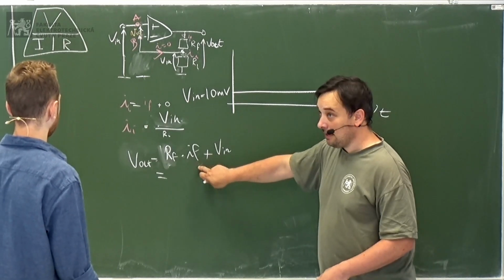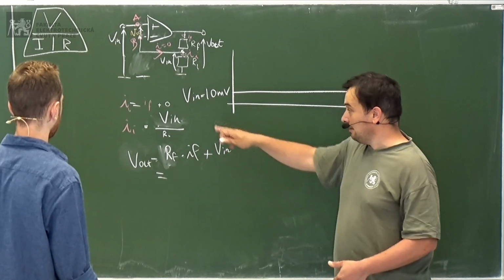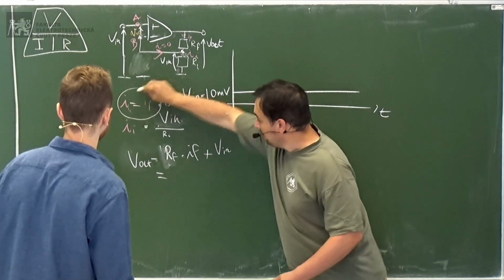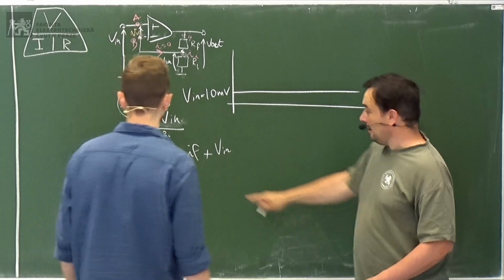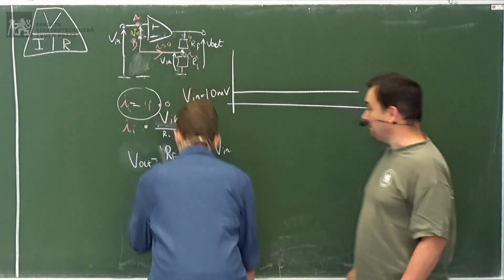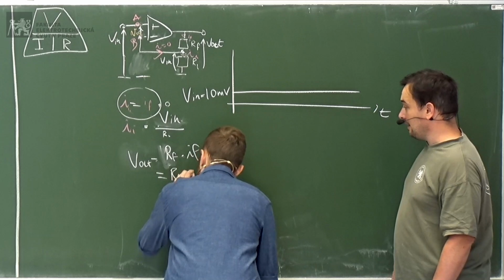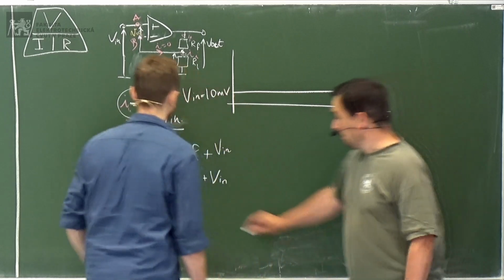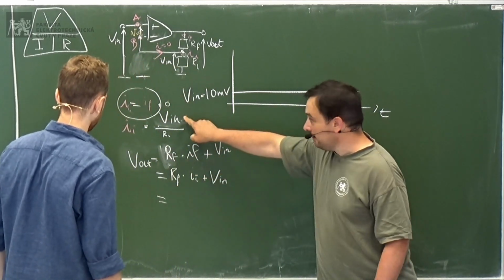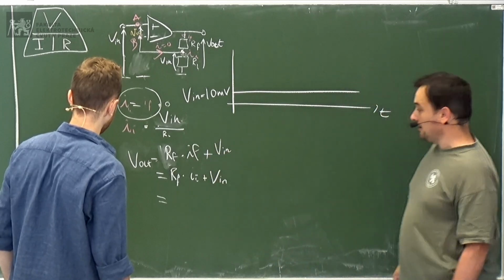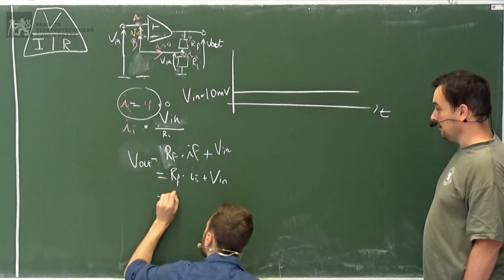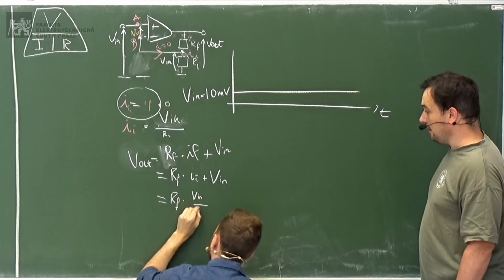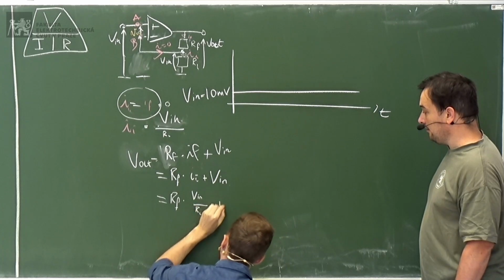But this IF is equal to II, correct? Yes, it is. So we plug in: RF times II plus V in equals, now instead of II, you have V input divided by RI, times RF, plus V input.